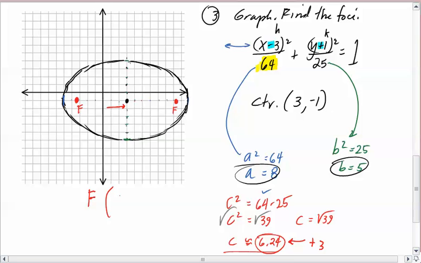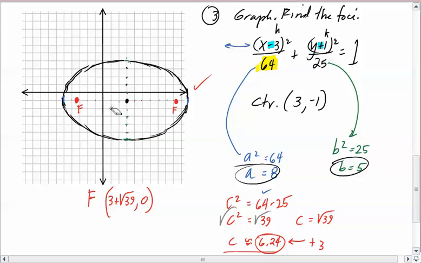So for this focus right there that's inside on the right, I'm saying the square root of 39. I want to put the exact number, and I'll say plus 3. 3 plus the square root of 39 is going to give me what we have there, which is 9.24.